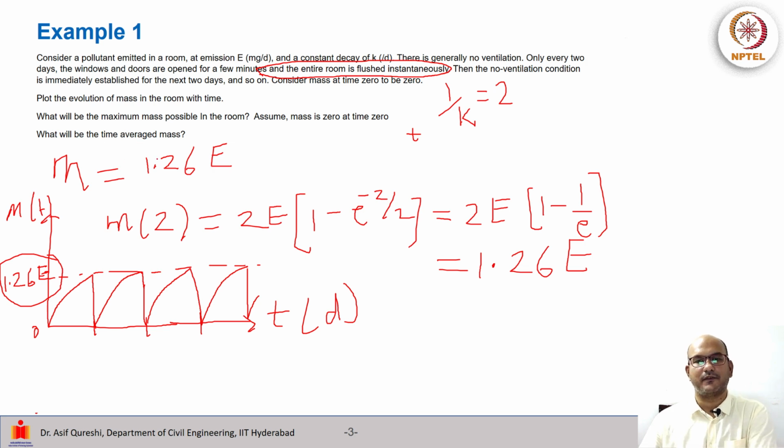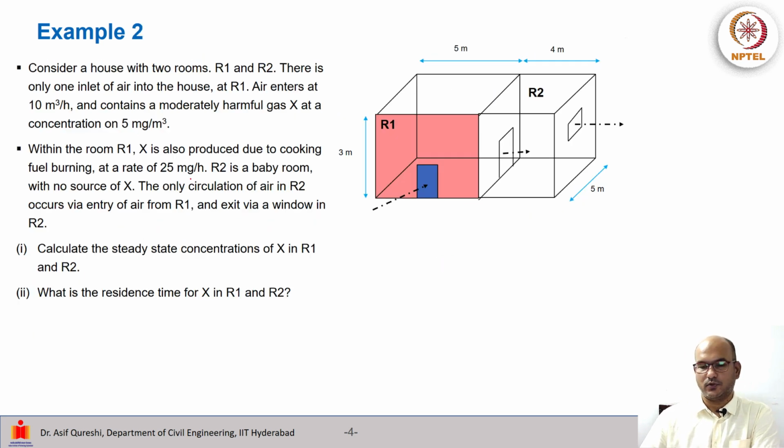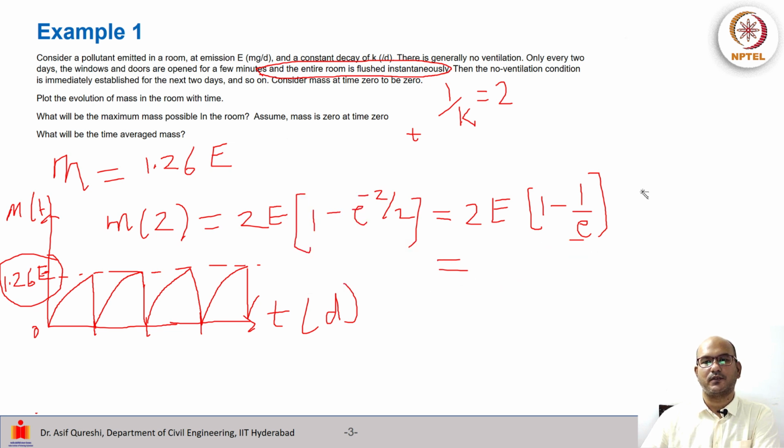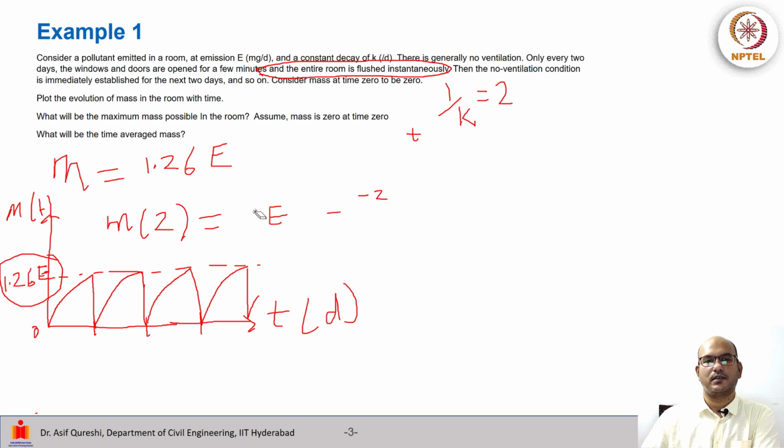Now what is the time averaged mass? For time averaged mass we have to write our original equation. We are going to derive the time average mass for the 2-day period.